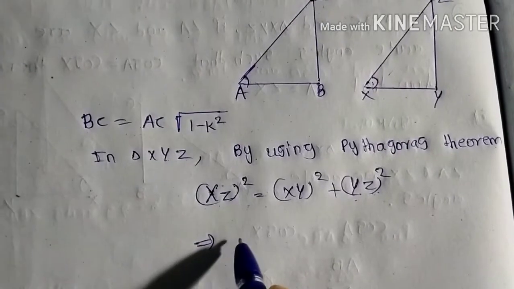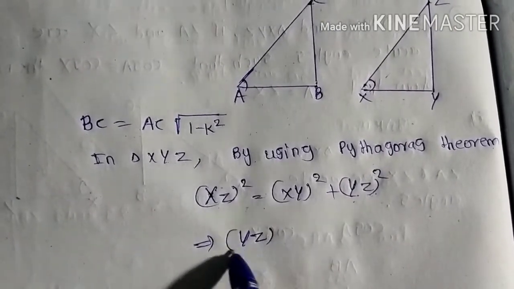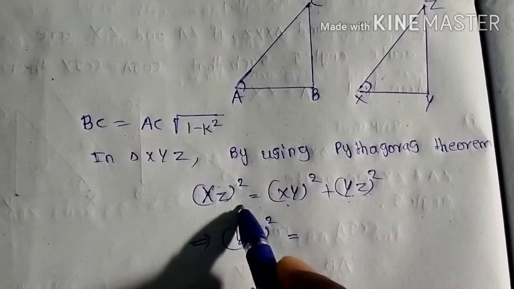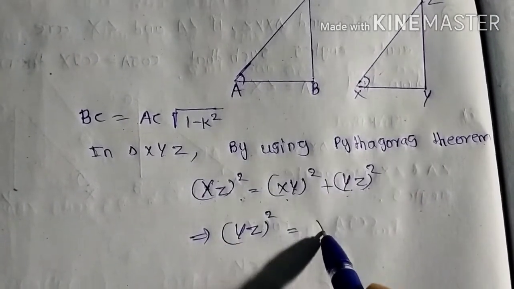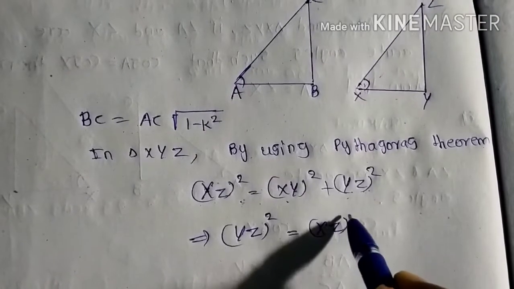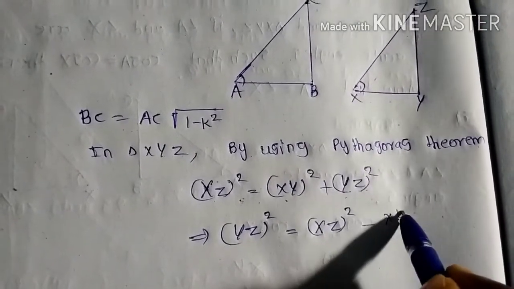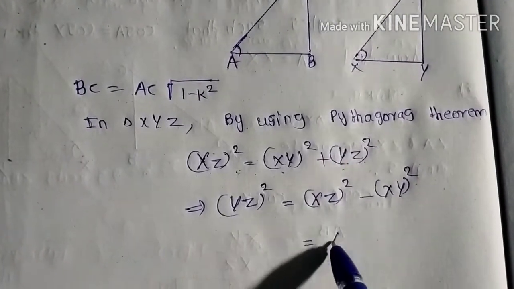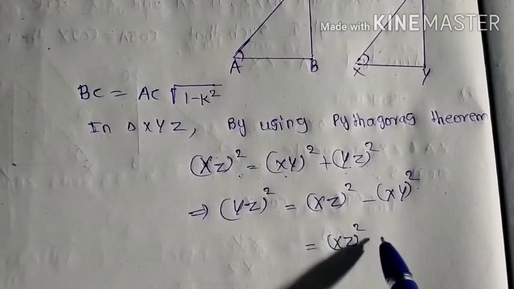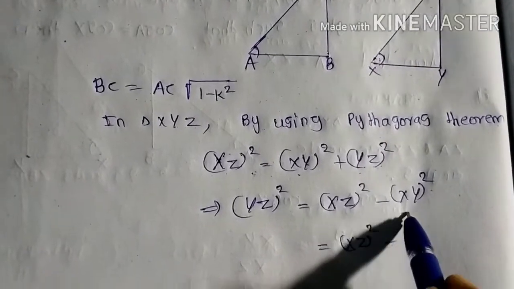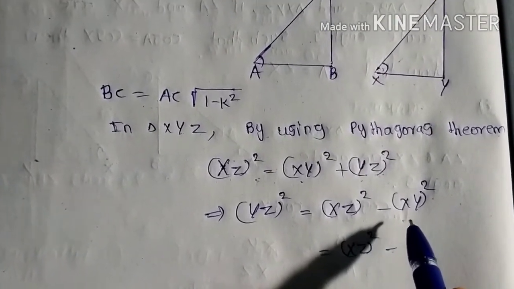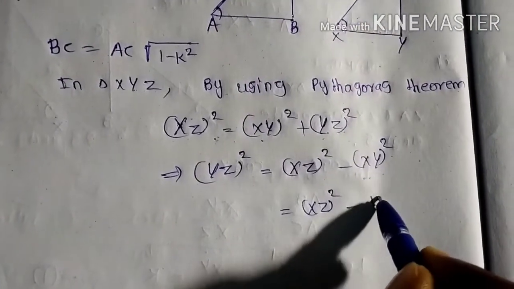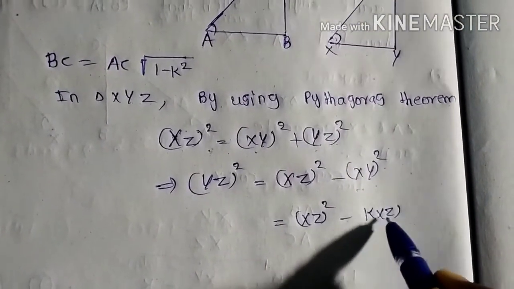So that I am taking here, see, YZ square is equal, just you can transpose XY to LHS, it will become minus. That means you can write here XZ whole square minus XY whole square is equal to XZ whole square minus, already we know that from equation 2, XY is equal to K into XZ.